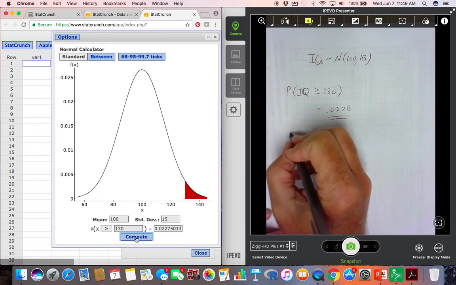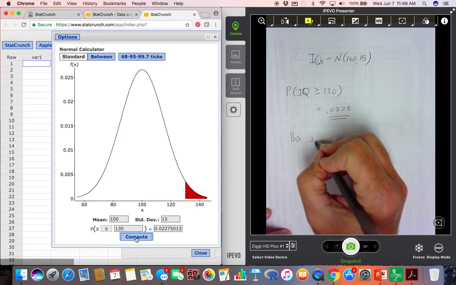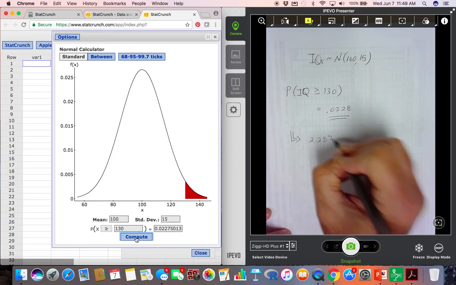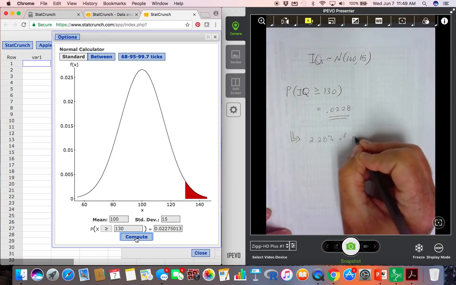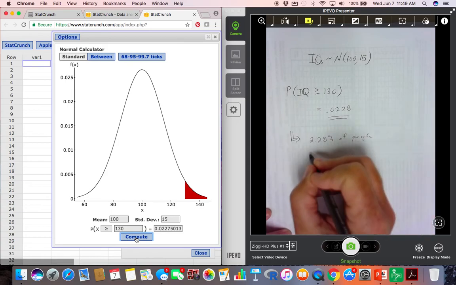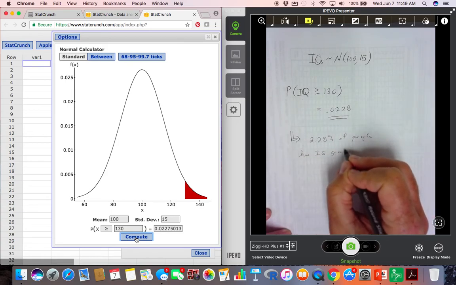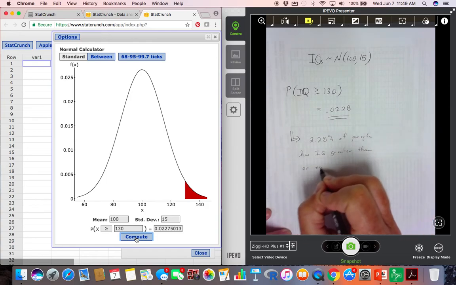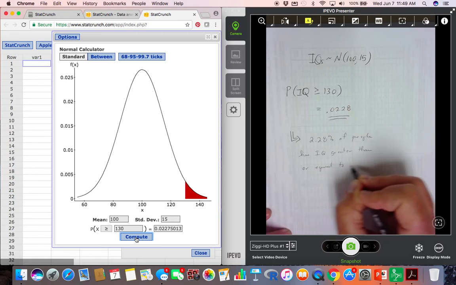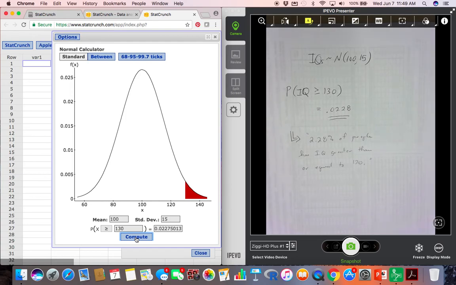You can also think of that as a percentage: 2.28% of people have an IQ greater than or equal to 130. So again, probabilities and percentages are kind of interchangeable.